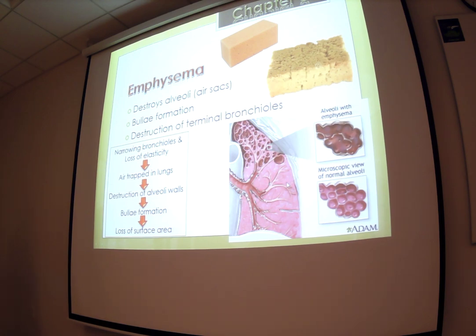Emphysema essentially destroys the alveoli or the air sacs. It usually follows chronic bronchitis. So you have the inflammation, the thickened walls, increased production, and if it goes on long enough, it can move into emphysema with that destruction of those air sacs.